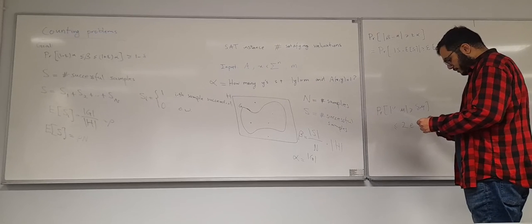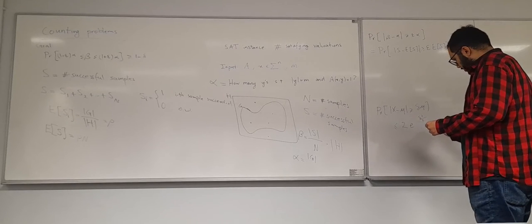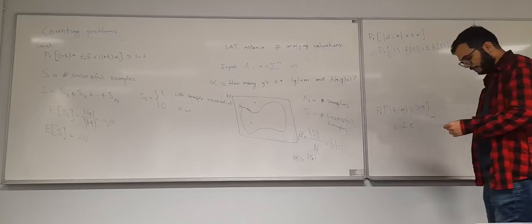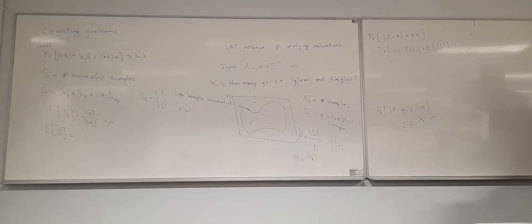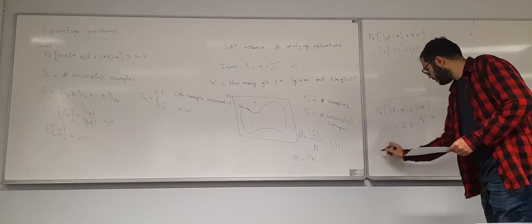It was 2e to the power of minus delta squared divided by 3 times mu. Okay, so this was what we had from Chernoff bounds.